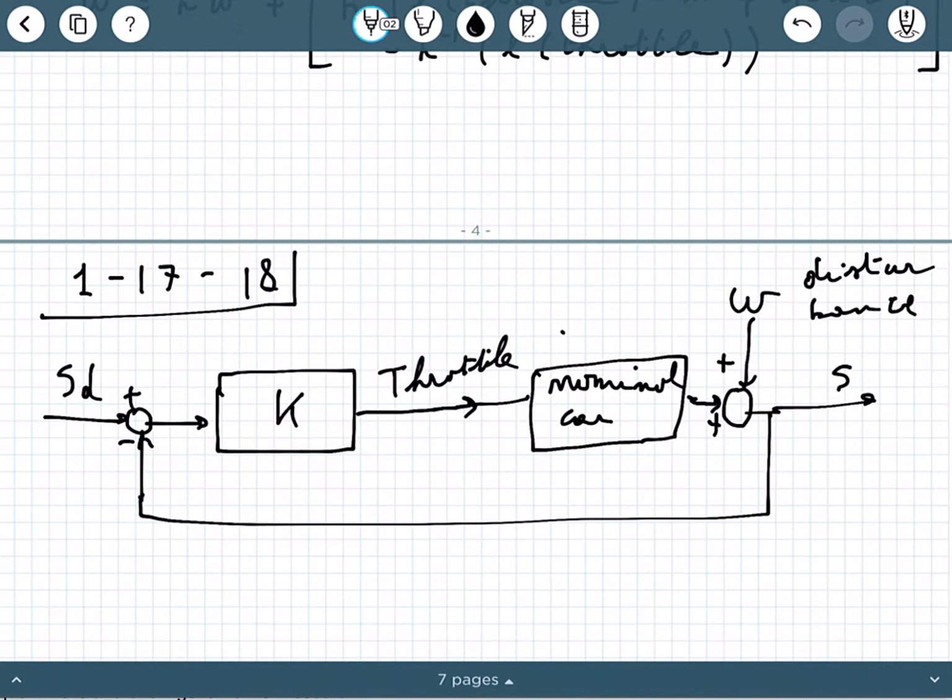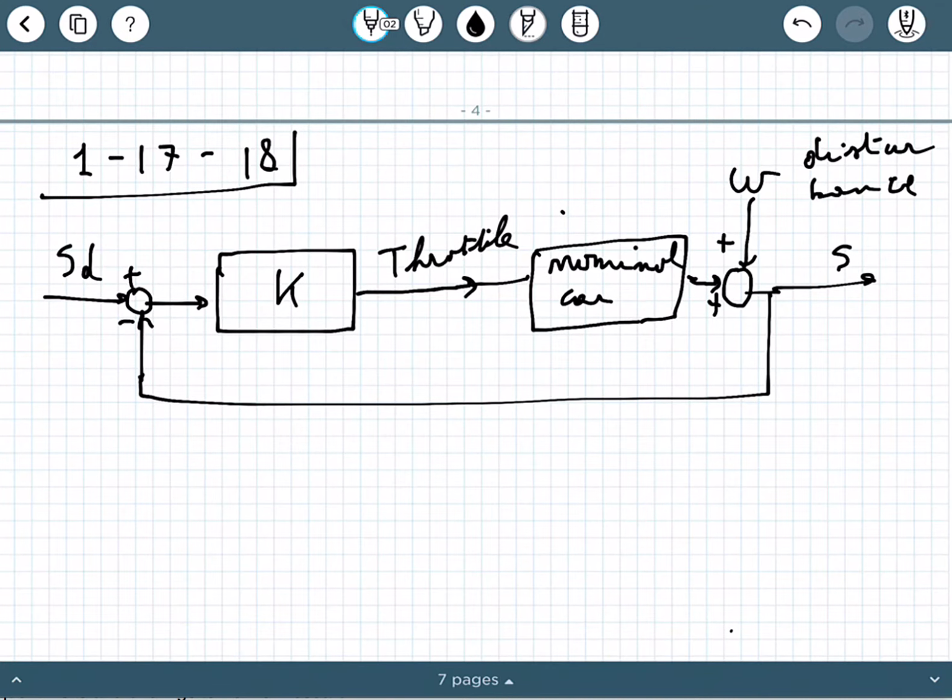And the question is, what is the effect of the feedback control architecture on this disturbance? For that, we set the same equations as before, properly modifying them to account for the presence of the disturbance W.